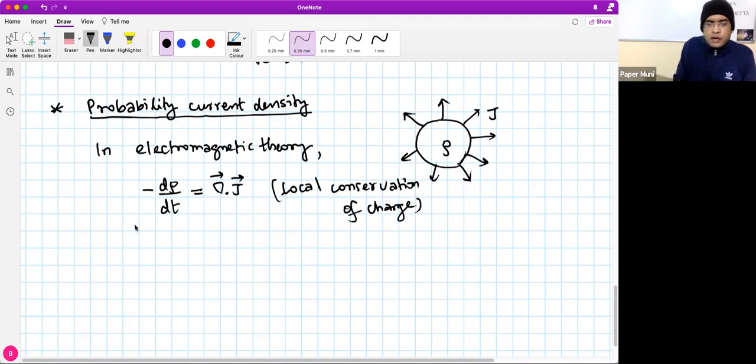If you rearrange this, we get dρ/dt + ∇·J = 0. This is the continuity equation.